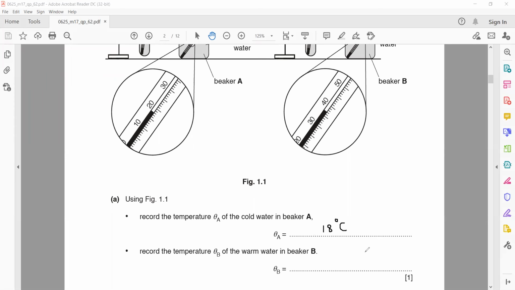Always write the unit. And what about theta B? The temperature of the water in beaker B is 37 degrees, so we will write 37 degrees.